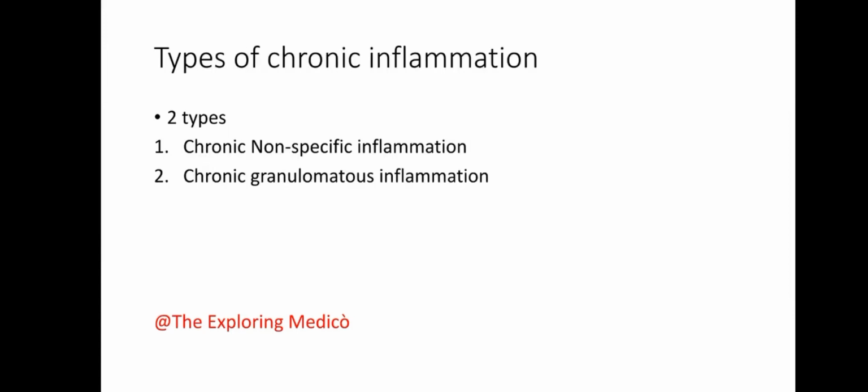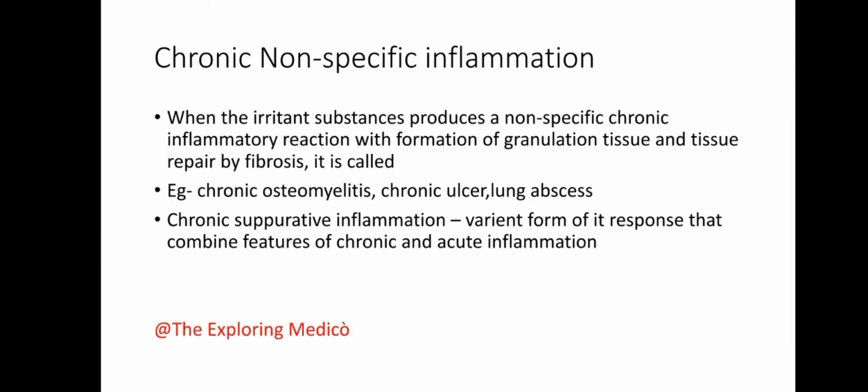Types of chronic inflammation. There are two types of chronic inflammation. First is chronic non-specific inflammation and second is chronic granulomatous inflammation. Chronic non-specific inflammation: when irritant substances produce a non-specific chronic inflammatory reaction with formation of granulation tissue and tissue repair by fibrosis, it is called non-specific inflammation.